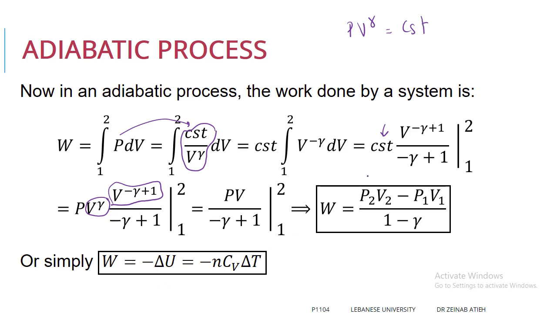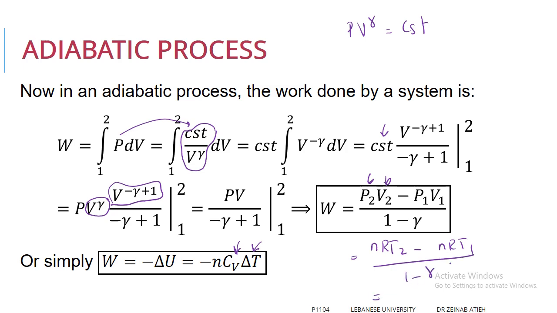If you have P2 V2, you can do it like this. If you have already calculated Cv and you have delta T, you can do it like this. But both relations are the same, simply because P2 V2 is equal to nRT2, and P1 V1 is nRT1, over 1 minus gamma.